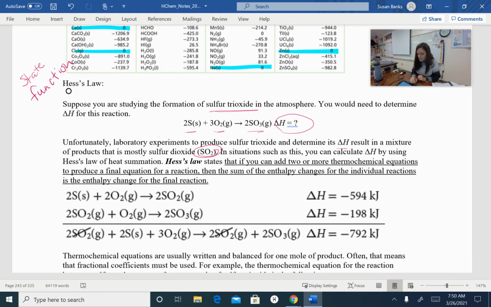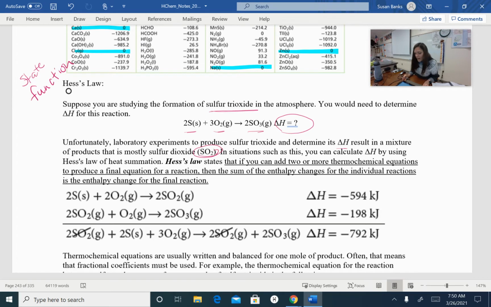So it's a summation. Hess's law states that if you can add two or more thermochemical equations to produce a final equation for a reaction, then the sum of the enthalpy changes for the individual reactions is the enthalpy change for that final reaction. It doesn't matter how I get there as long as I get there. And then I can add everything up together and that will give me the enthalpy.